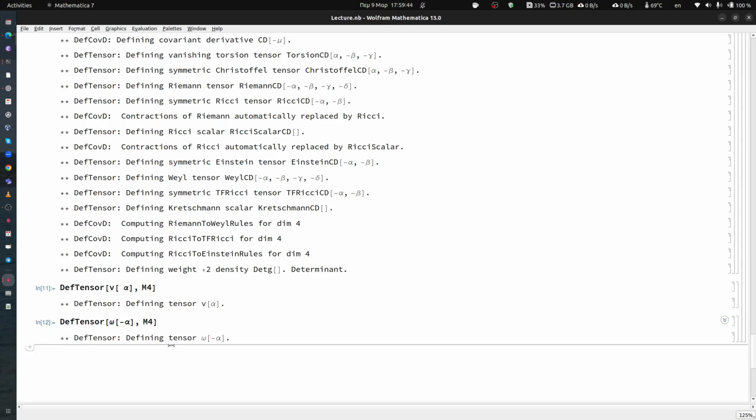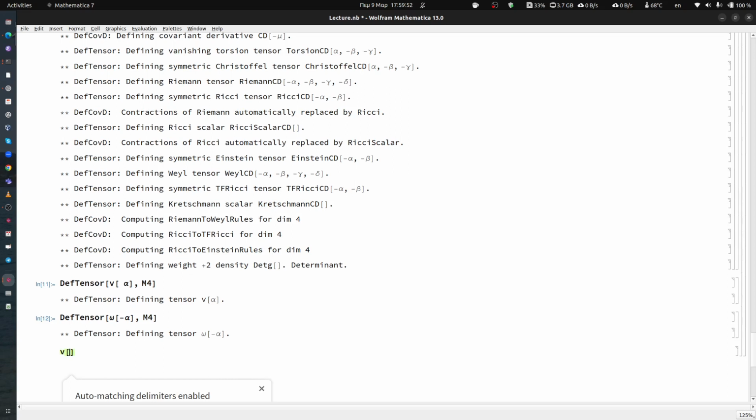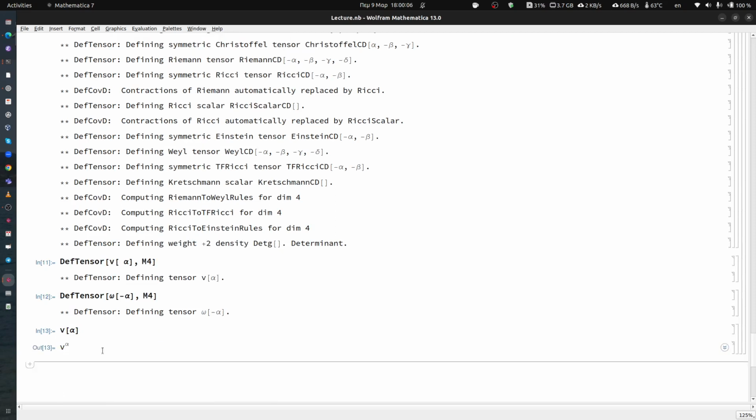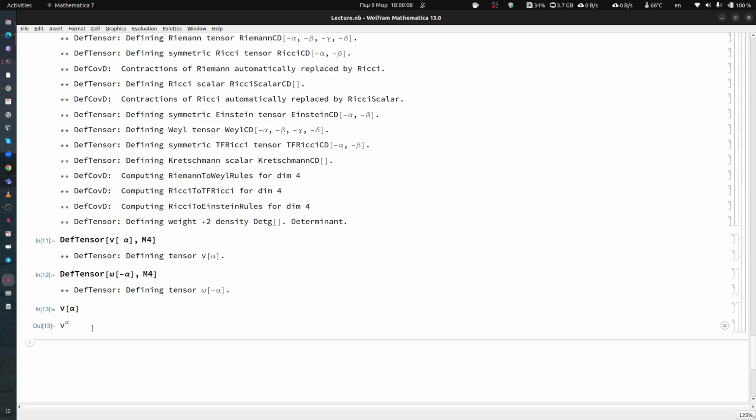Then we can form expressions involving those symbols. So if you write v of alpha, in order to write alpha here, I press escape, the character a, and then escape again, and then I have an alpha. Then the input form is quite different from the output form. So xAct, in order to make the expressions easy to use, defines for those tensor objects an output form that is easier to read.